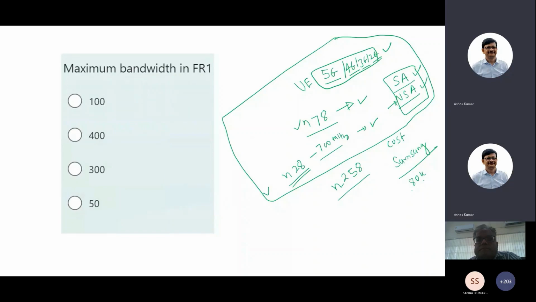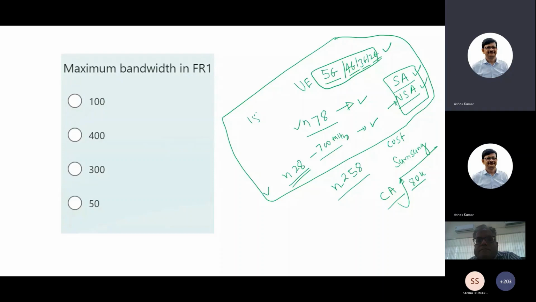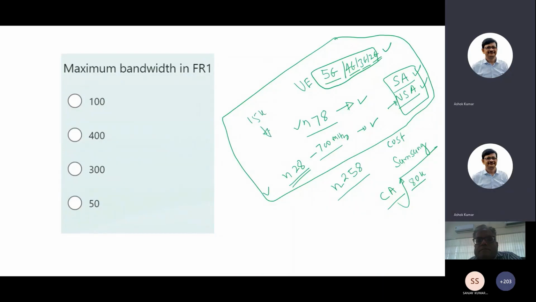They also support carrier aggregation up to a certain number of carriers, so the cost increases because of the electronics. But the phones available in India from 15K onwards are good enough for our country as of now. You can buy any phone; most phones coming now are 5G supported.